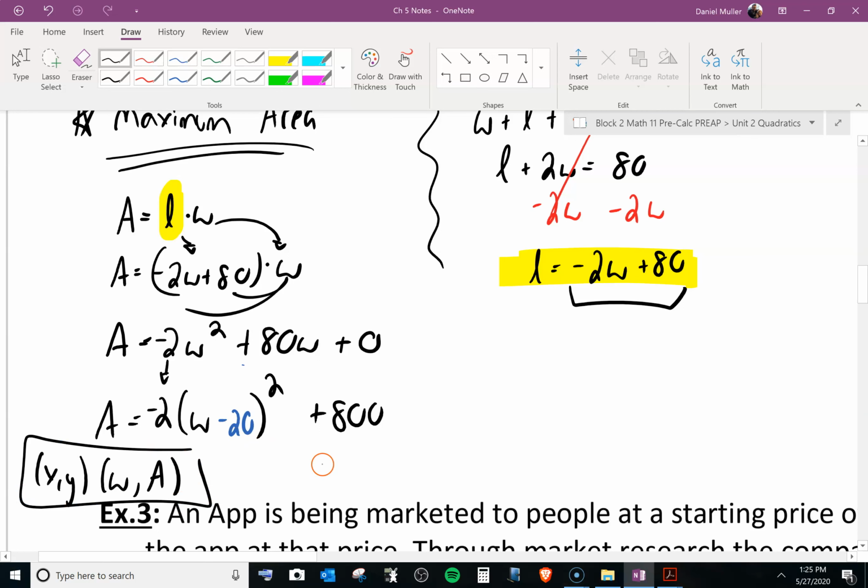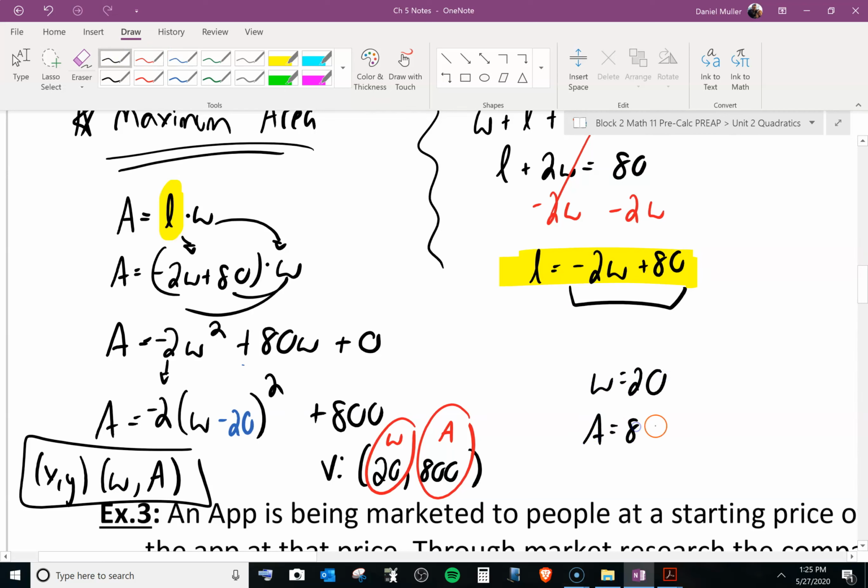My vertex is going to be the opposite sign, so positive 20 and 800. So if you look here, A is my area, and this is my width. So my width, my W, is 20, and my maximum area is 800.